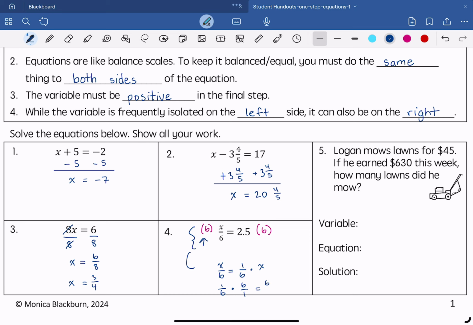That gives me 6 over 6, which is equal to 1. So I'm eliminating it on the left side, but I'm keeping it balanced on the right side by multiplying 2.5 times 6. So x is equal to 6 times 2.5, which is 15.